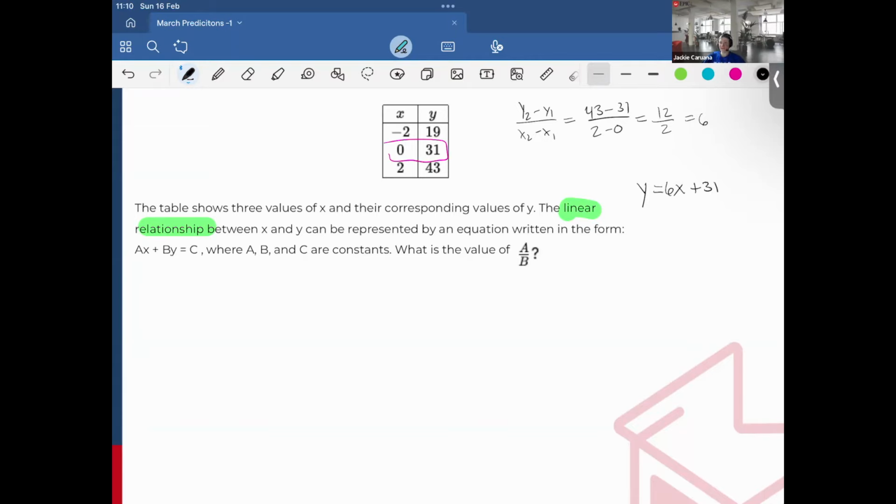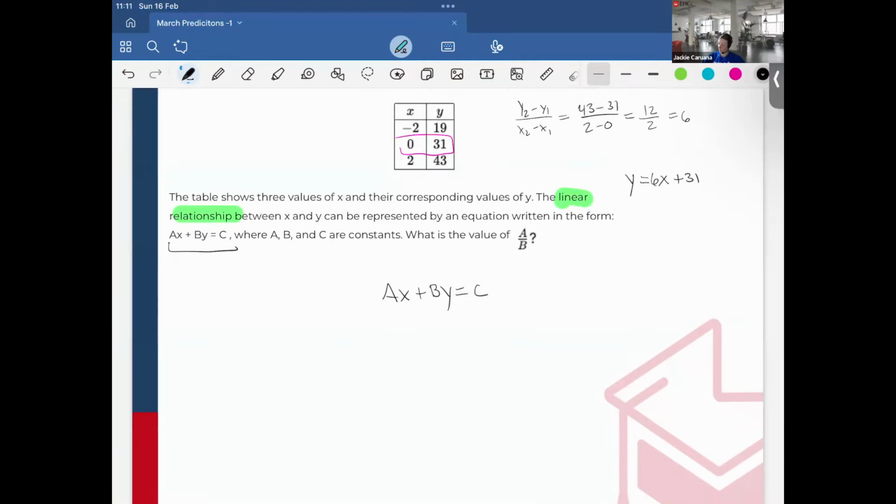So here I have this in slope intercept form, but it's asking me to basically convert this into standard form. And that's fine. So let's do that. We have y equals 6x plus 31. So I'm going to move my x over. The y is okay.